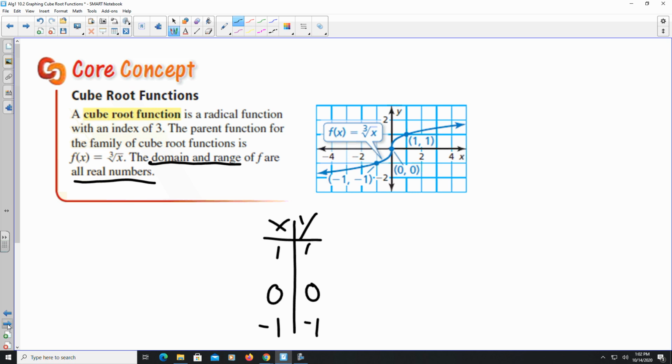If you need to reference that chart from 10.1, look back at page 545 in your textbooks. If there is some shifting or some change in the vertical or horizontal stretch or shrink, we can look at that.